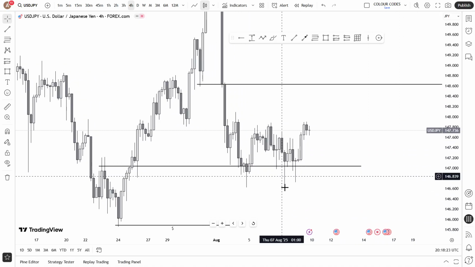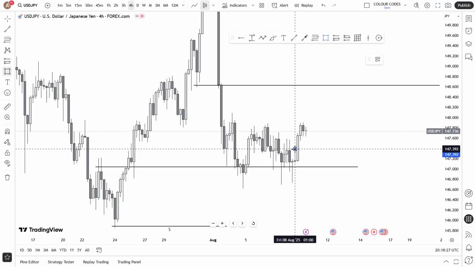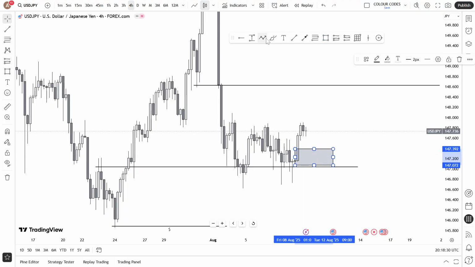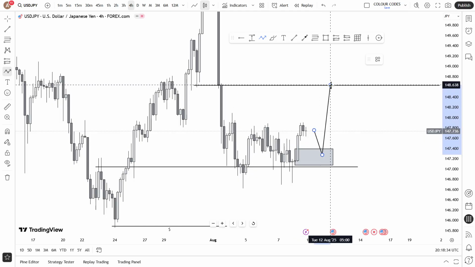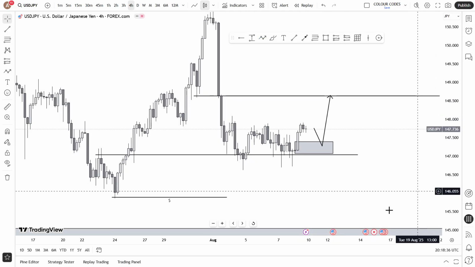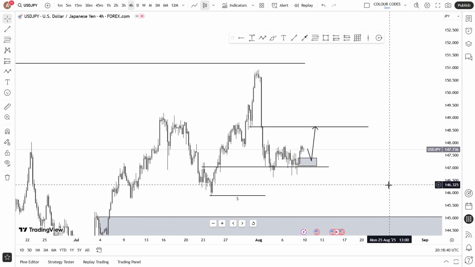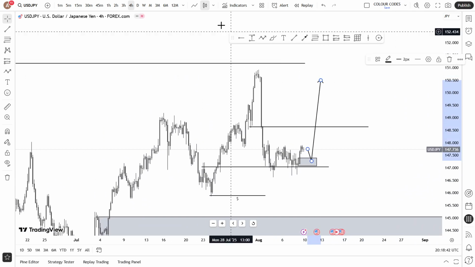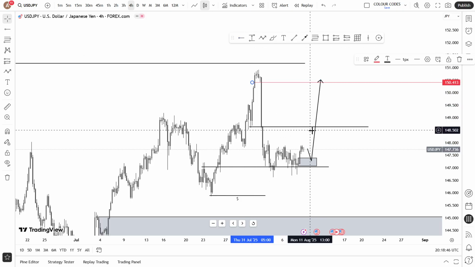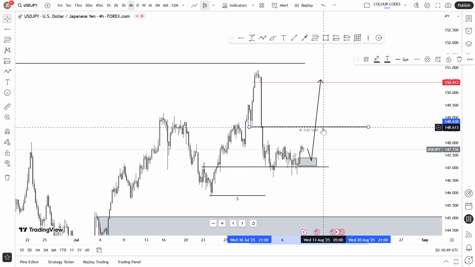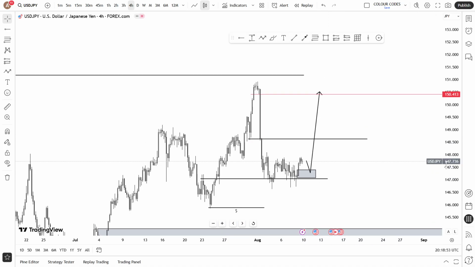We've seen a lot of reactions from here already. So something like this, a sell to buy will make sense. Maybe your second TP could be here, but the only real or assured order block will be the first black line. That is going to be our focus for now.